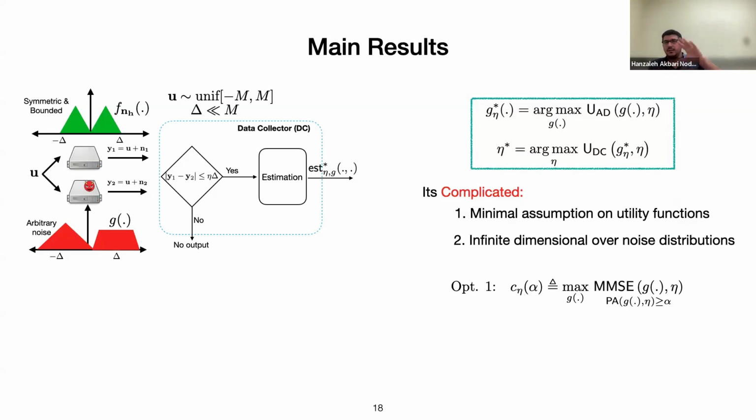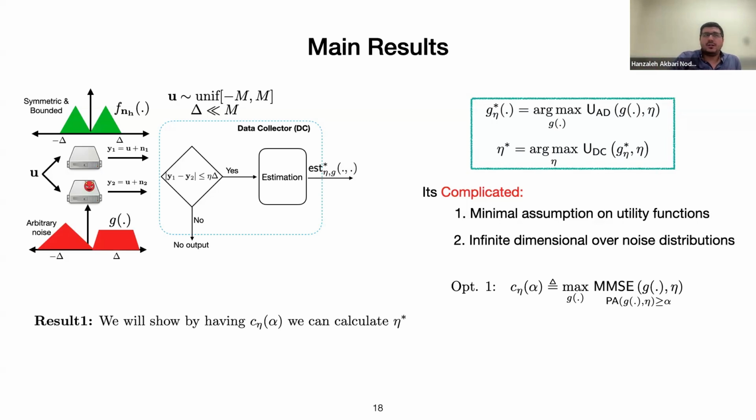Let's fix eta in optimization 1. Eta is fixed, okay? For each value of eta and for each value of alpha, we try to find the maximum MMSE over all of the noise distributions such that the probability of acceptance is at least alpha. So is the definition of this problem clear? Okay. So this is optimization 1.